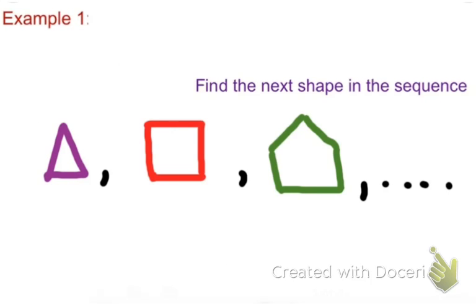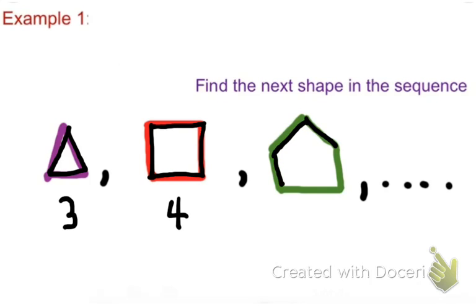Example 1 is to find the next shape in the sequence. So you would have to look at each shape, and each shape in the sequence has a certain amount of sides. The triangle has 1, 2, 3. This one has 1, 2, 3, 4, so it's a square. This one has 1, 2, 3, 4, 5, and that would be a pentagon.